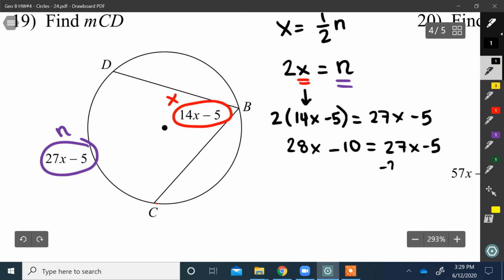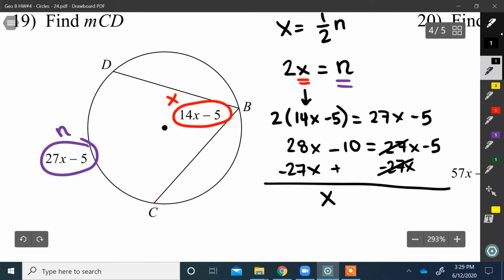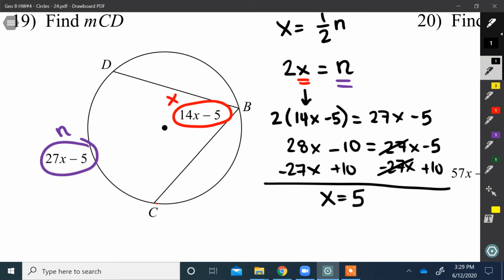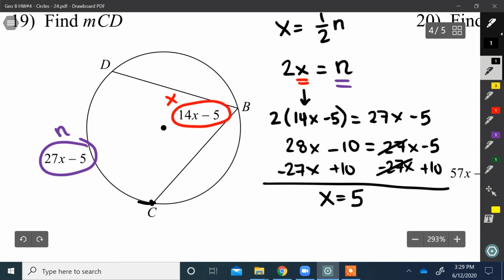Subtract 27x from both sides, you get 1x there. And then let's add 10 on both sides. You should get 5. Again, we're looking for CD, so we're looking from here all the way to that right there. All we have to do is plug in there.